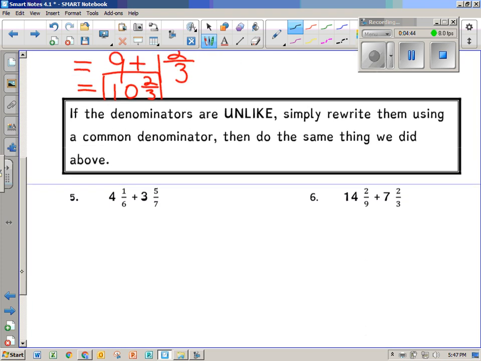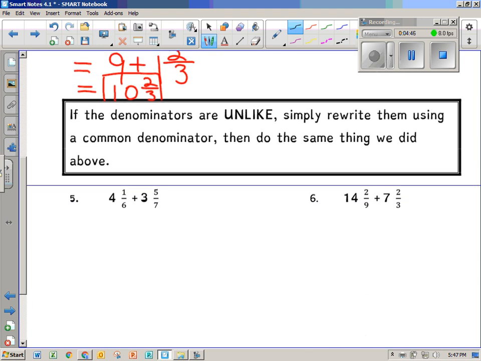Now, if the denominators are not like, that's when things get a little sticky. When they're not like, you have to force them to be like. It's like you're trying to add apples and bananas now, and you can't do it.